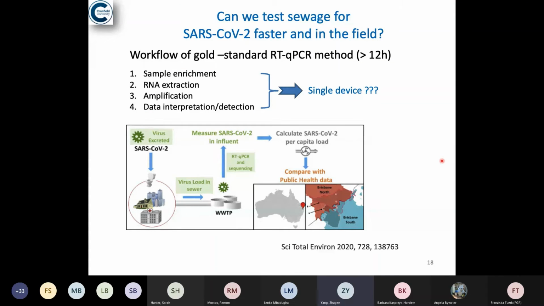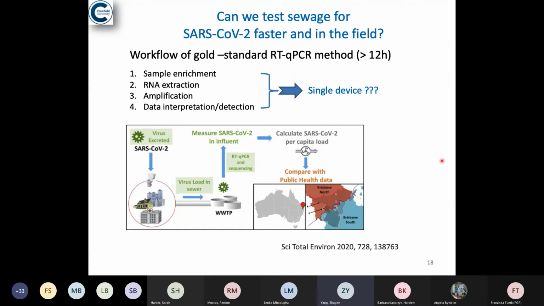Technically, as you know, people already think this is a really promising technology. In terms of technical analysis of SARS-CoV-2 virus in wastewater, the typical workflow relies on reverse transcription real-time polymerase chain reaction. The whole workflow includes four parts. First is sample enrichment.